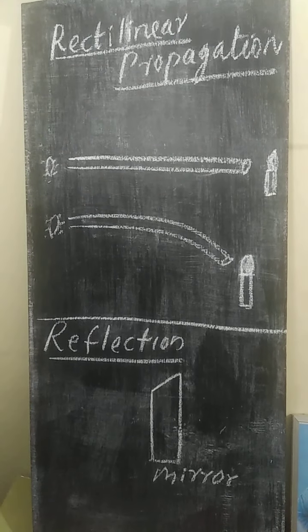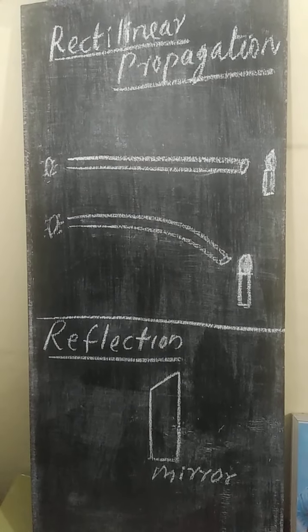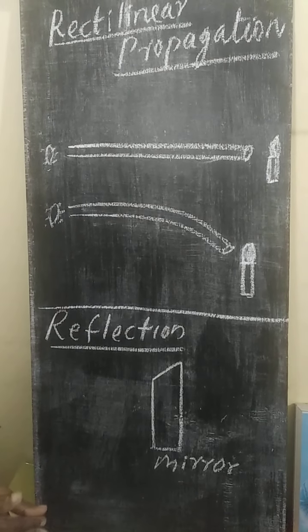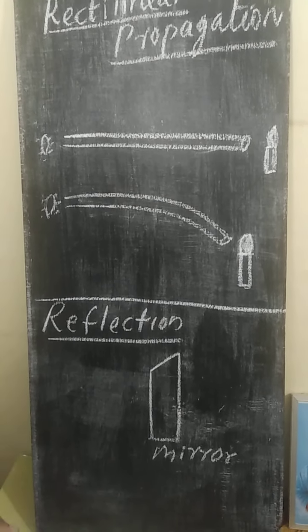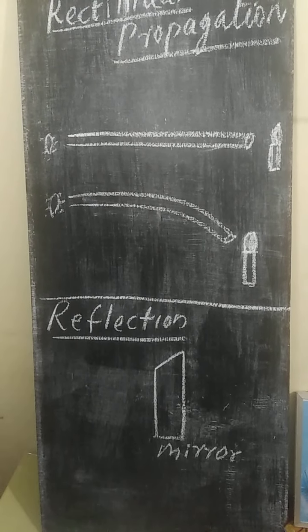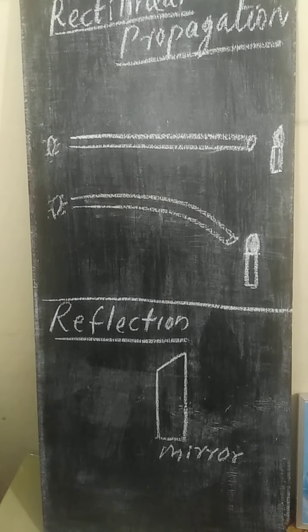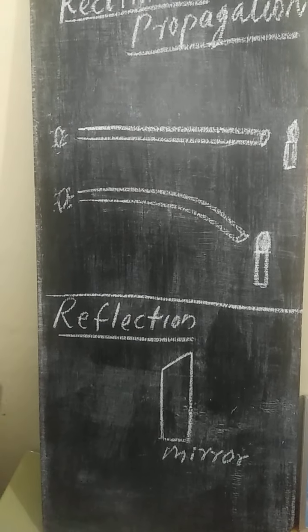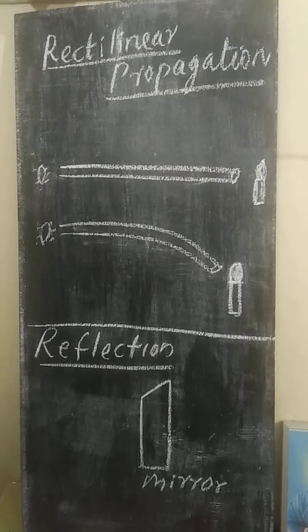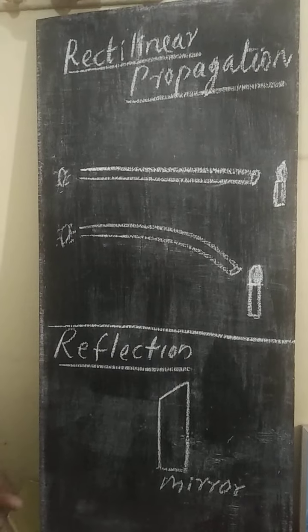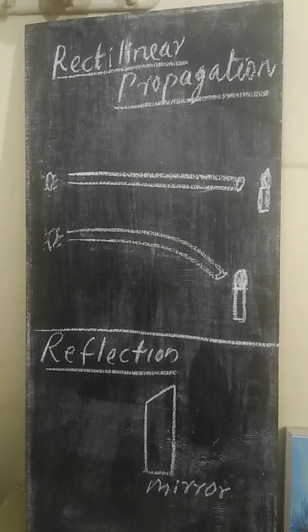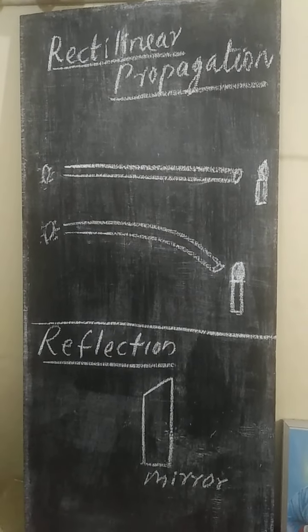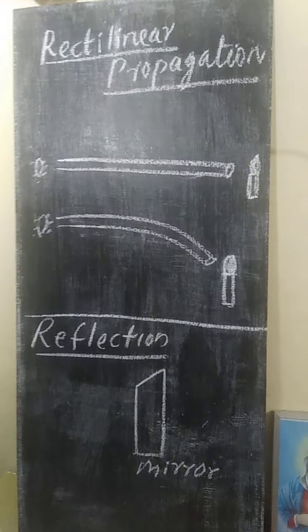Okay. And next we are going to think about what happens when we place an opaque object in front of a light or in the path of a light. In the last class, we studied that if we place an opaque object, opaque means no light can pass through it. The human body is an opaque object.